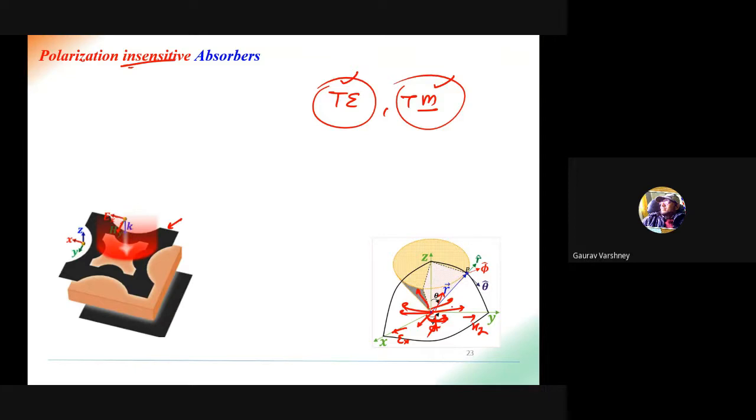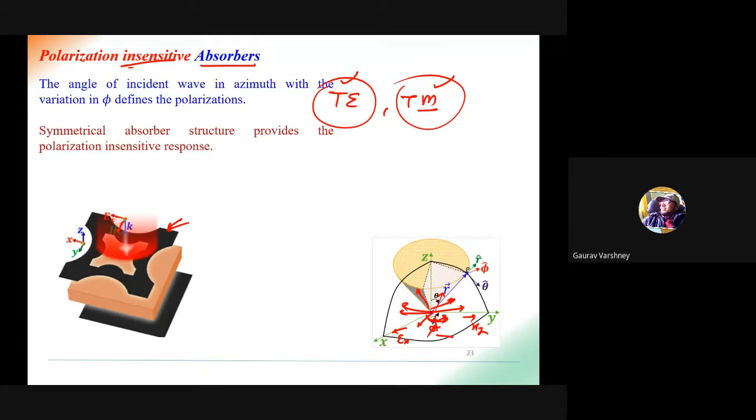In that case, the variation in phi does not change the spectral behavior of the absorbing unit. So in that case, this is called a polarization insensitive device.